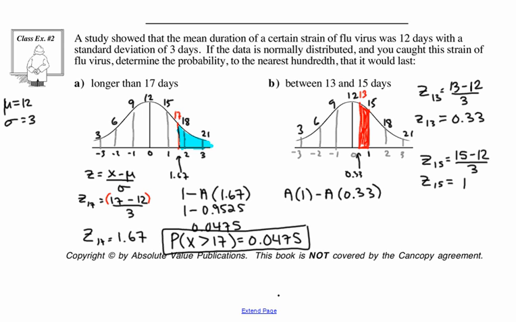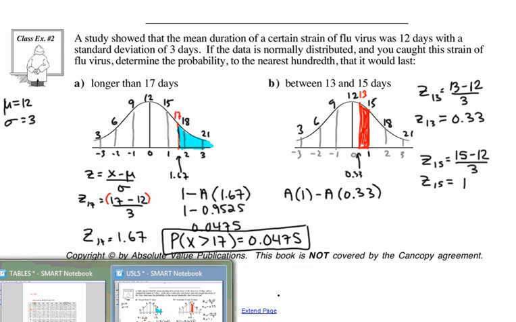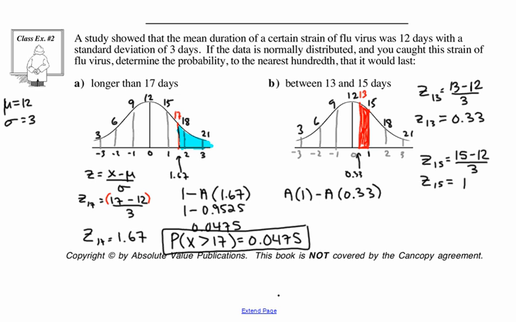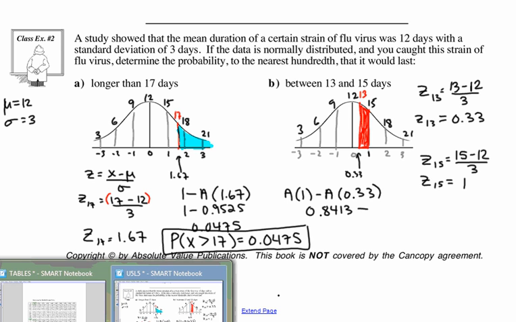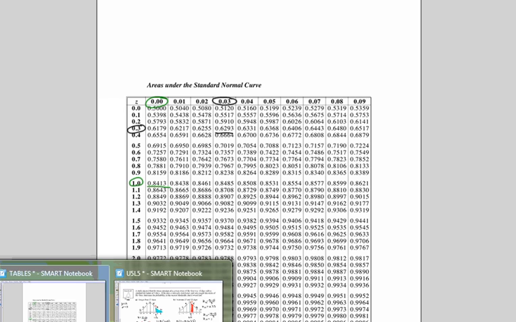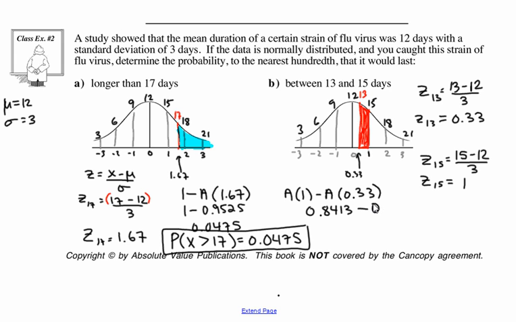The area under 1, grabbing our sheet, so 1.00 is 0.8413. Minus underneath 0.33. So again, same chart. 0.33 is 0.6293.